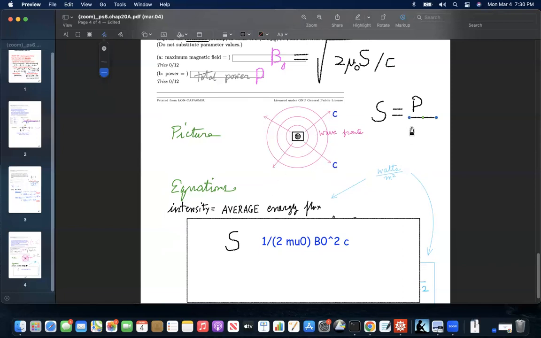And so what I need here is the area of a sphere. The area of a sphere is 4 pi times the radius squared.